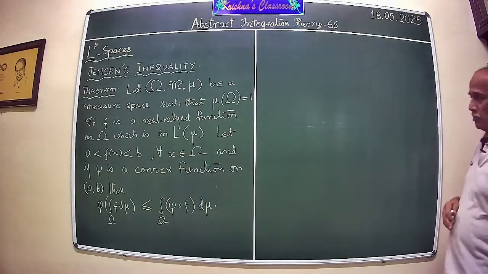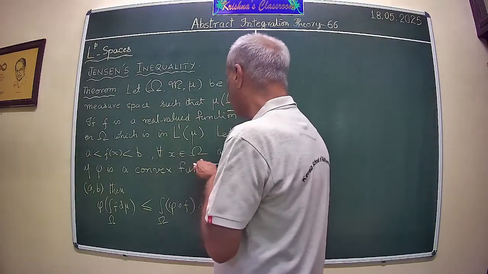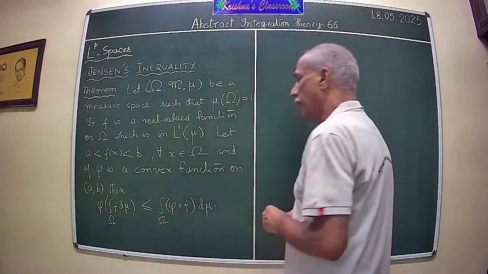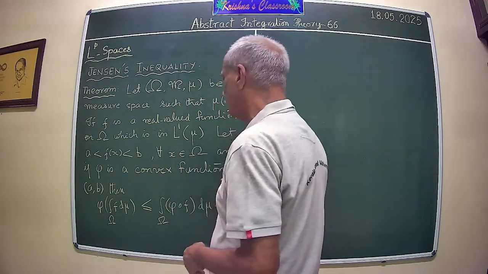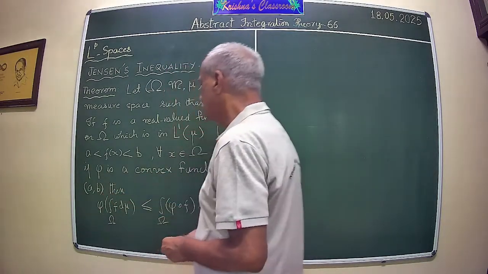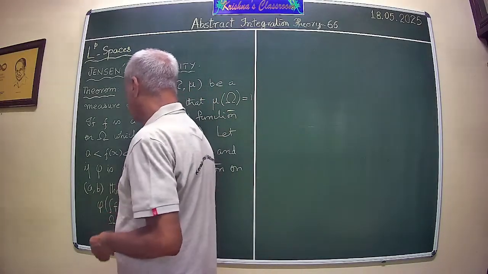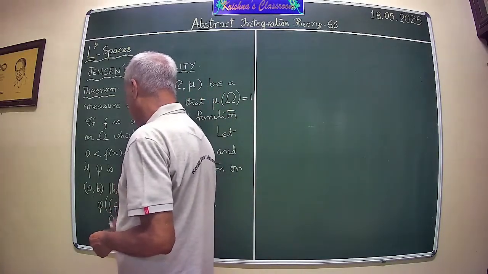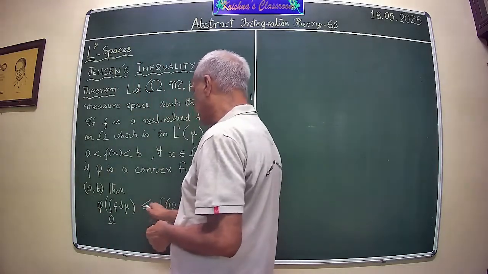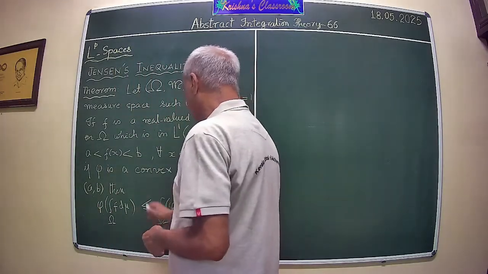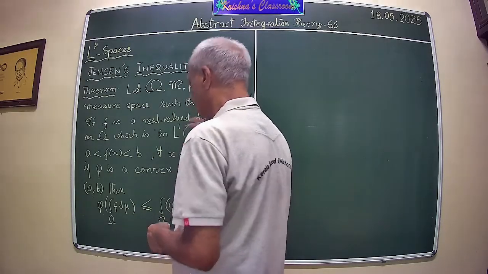That means the lower bound is a, upper bound is b, for every x belonging to omega. And let now phi be a convex function on (a, b). Then phi composed with the integral over omega of f d mu is less than or equal to the integral over omega of phi composed with f d mu.